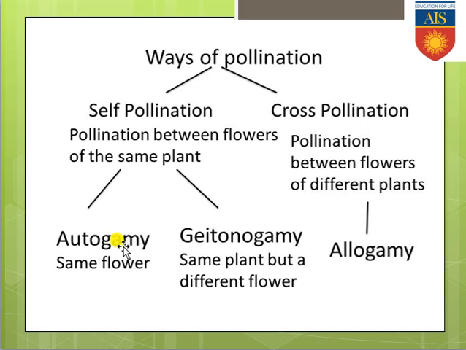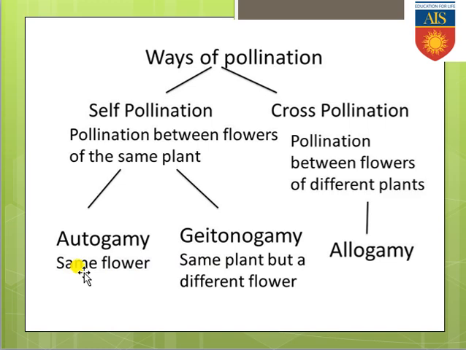Now I am breaking down the definition of self-pollination. If the pollen is getting transferred from the anther to the stigma of the same flower, then it is known as autogamy. And if the pollen grain is getting transferred from the anther to the stigma of another flower but of the same plant body, then it is known as geitonogamy. So autogamy and geitonogamy are the two types of self-pollination. Only the flowers are different.